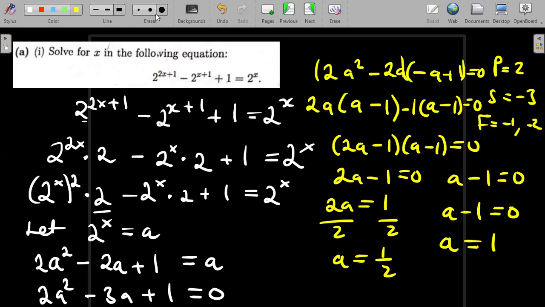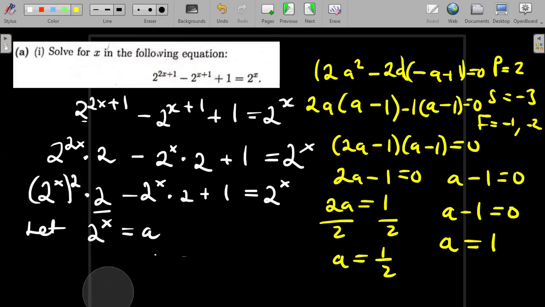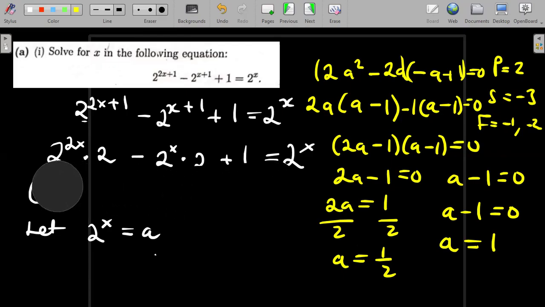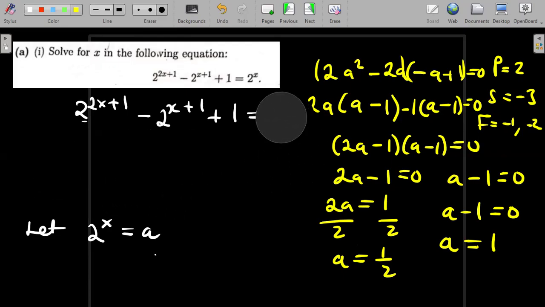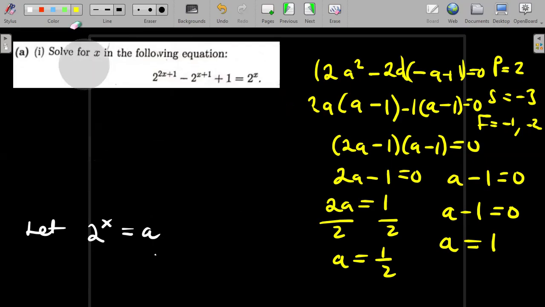So after finding the values of a, what I do, I'll come back to this part. So the part where I said let my 2^x equal to a. So now what I do there, I'll just replace the values of a that I had.